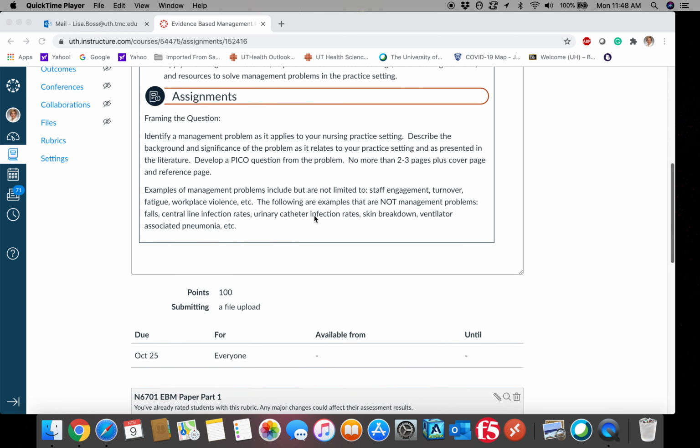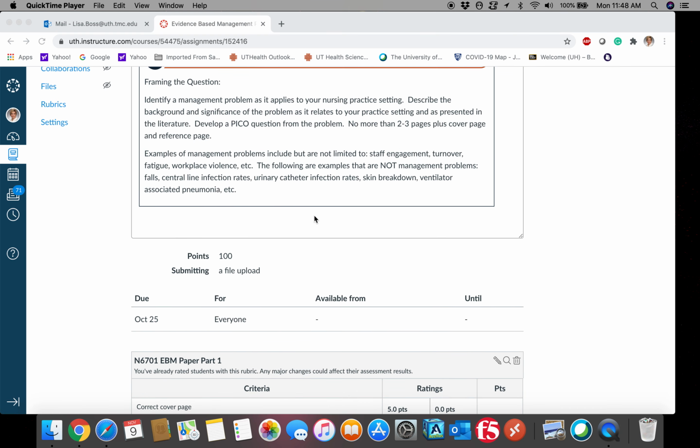So in terms of the introduction to this paper, you're going to want to talk about what's the purpose of the paper. So the purpose of this paper is to identify a management problem as it applies in my practice setting. I'm going to talk in first person, but of course you wouldn't write in first person, but you're going to describe the background and the significance.